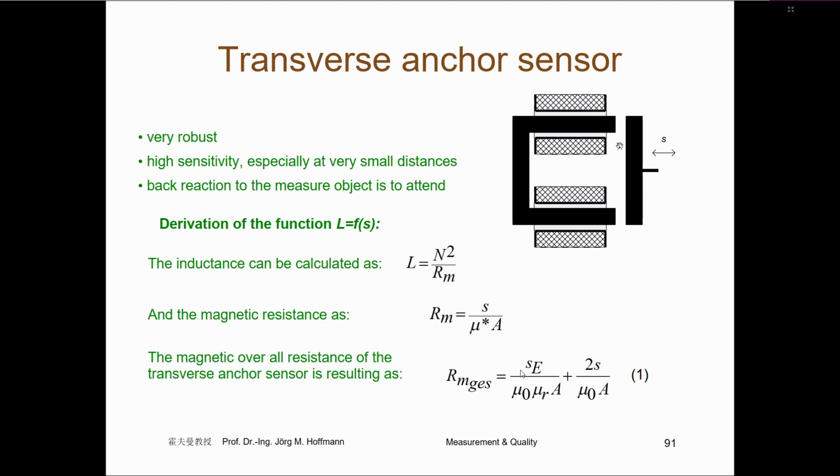But in practice the problem is when you have little metal pieces which are going into this gap between these both sides, then you get really hard distortions of the function of the sensors. That means you must be sure that there is no metal powder or kind of metal pieces which can disturb the sensor. That is a disadvantage.